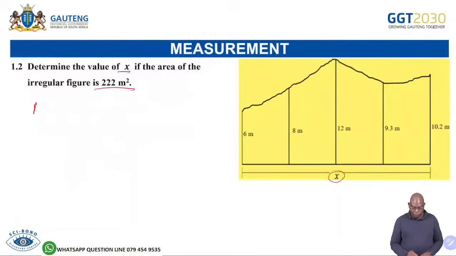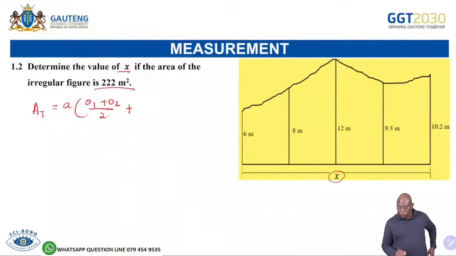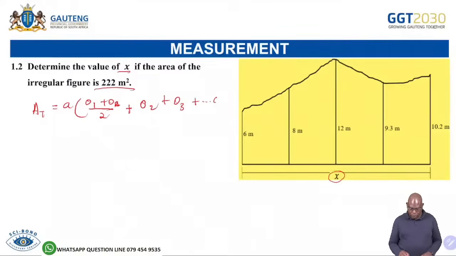I'm going to have A of T equals a into O1 plus O2, all divided by 2, and then plus O2 plus O3 plus, up to On minus 1, and the last one, which is going to be O4. Right, so you know the formula.